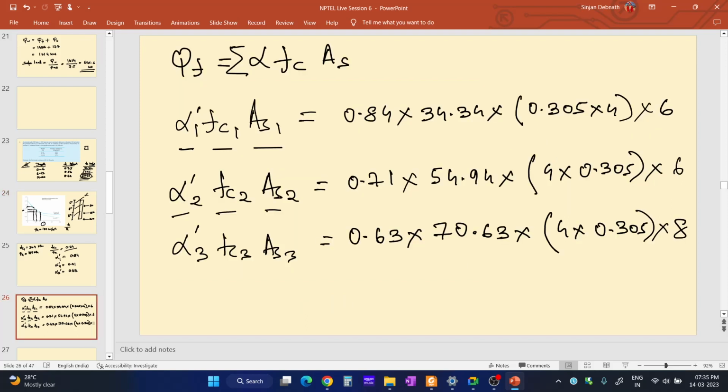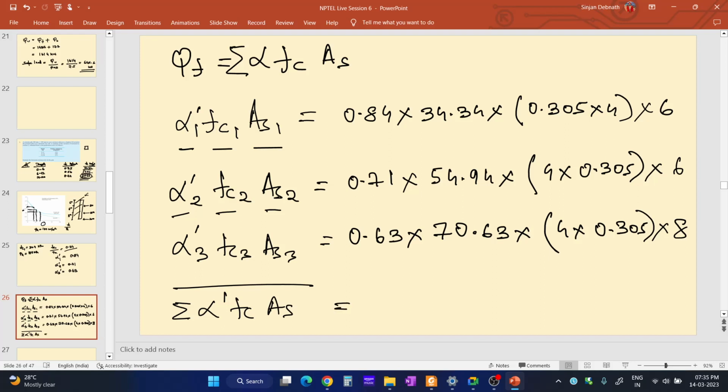Now if you calculate all the three terms, multiply them, and add all the three terms, you will get the value of the summation of alpha dash FC into AS.